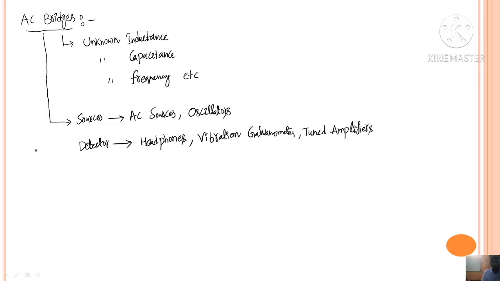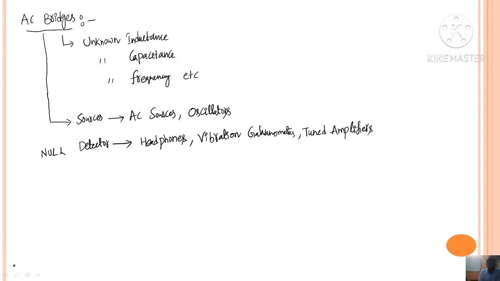The null detector is the thing which says whether the bridge is in balanced condition or not. Whereas in case of AC bridges, we prefer headphones, vibration galvanometers or tuned amplifiers to act as a detector.